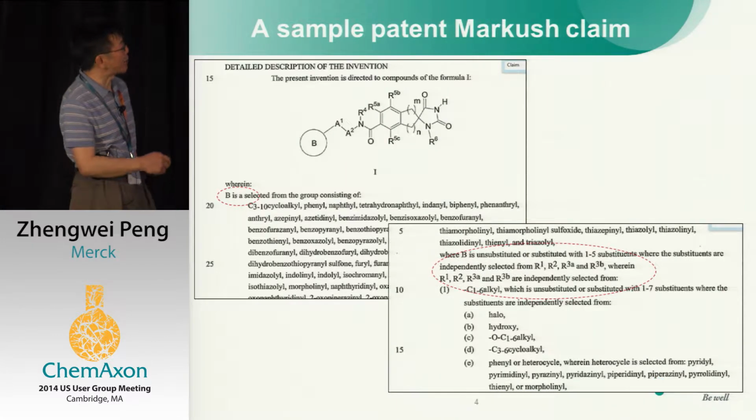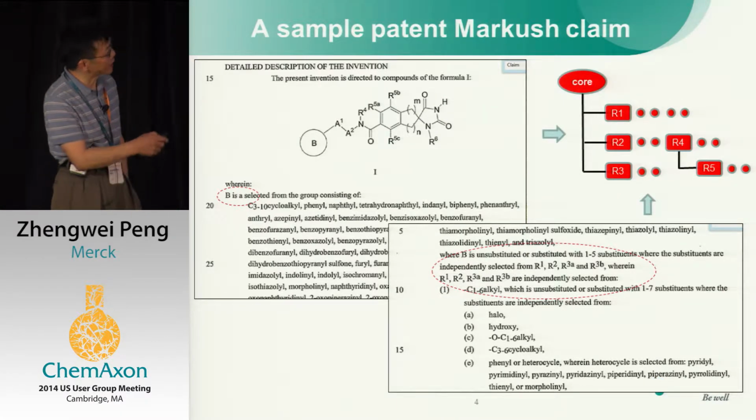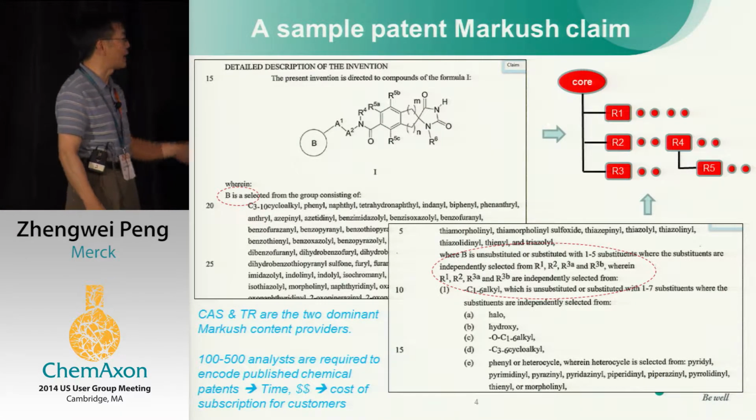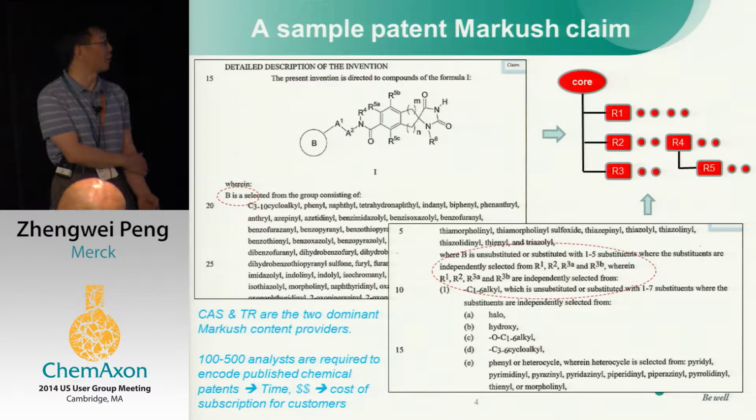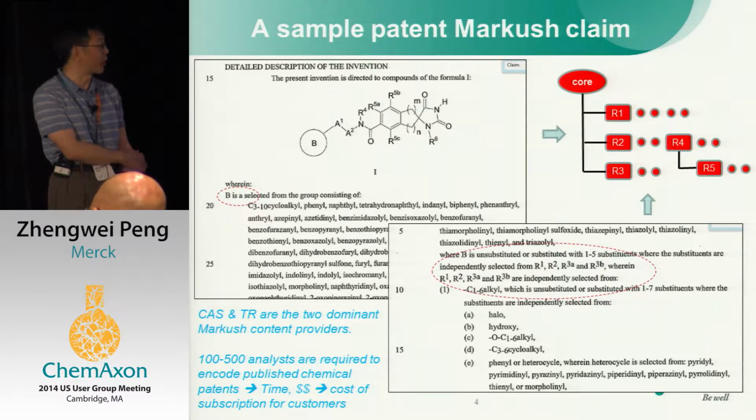I should show this example. I bypassed that already. Essentially, ultimately, it's this thing. As of now, there are two major players in this field, CAS and Thomson Reuters. They are the two dominant content providers.